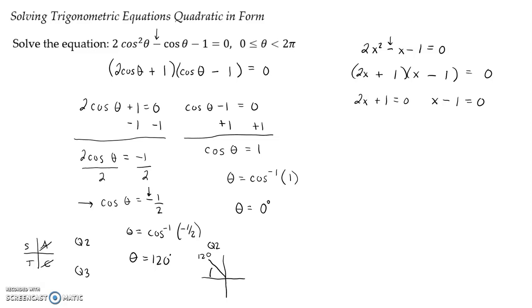Keep in mind, if we use a reference angle here, we are 60 degrees away from our x-axis. So if we know we also need an angle measure in quadrant 3, we can come down 60 degrees into quadrant 3. And that's going to give us an angle measure of 240 degrees.